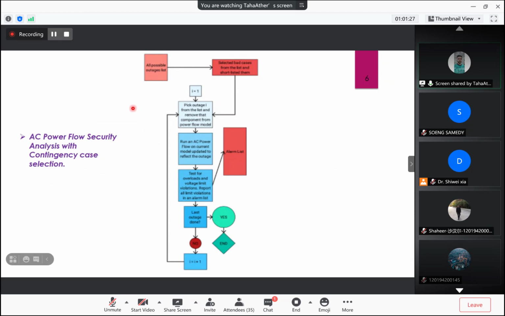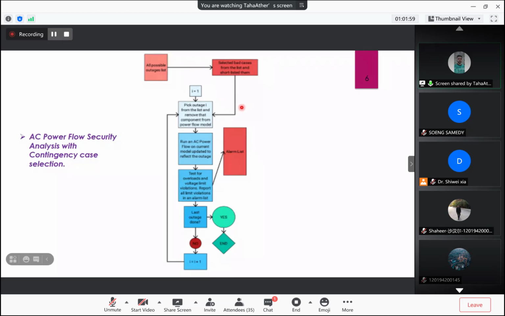In the last flowchart, all the possible outages were being taken into account. But here, when we select some of the cases, we shortlist them in another list and then carry out our operation. The solution to this dilemma is to find a way to select such contingencies in such a way that only those that are likely to result in an overload or voltage limit violation will actually be studied in detail, and the other cases will go unanalyzed.